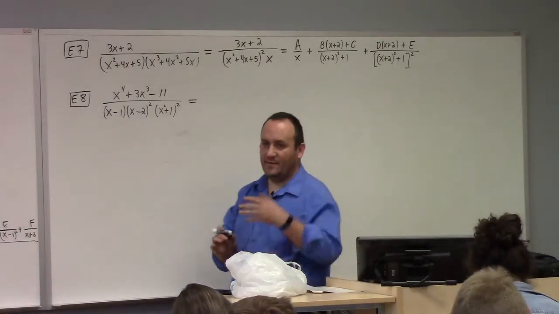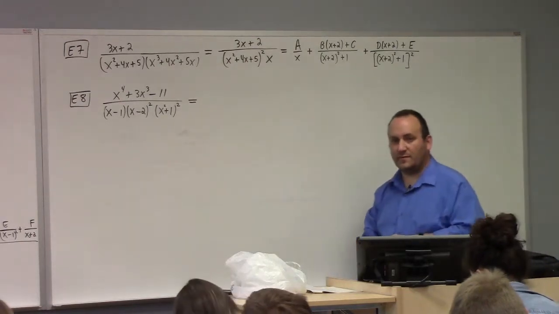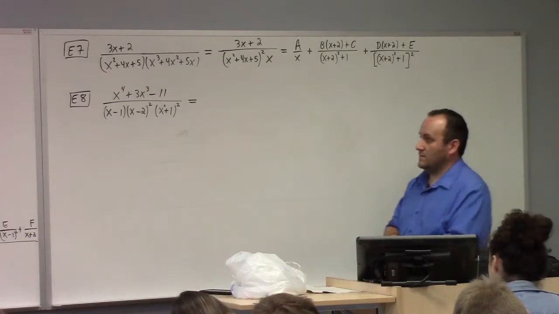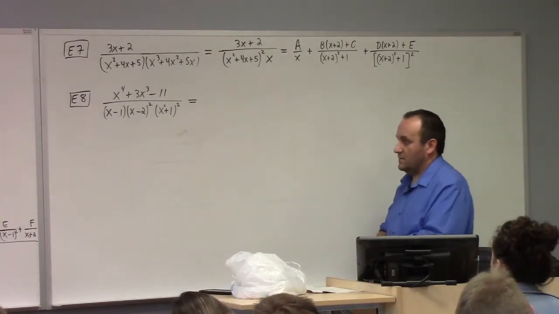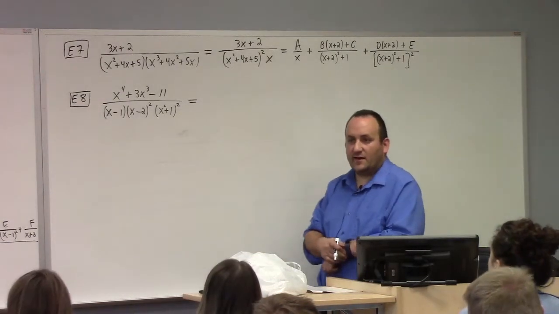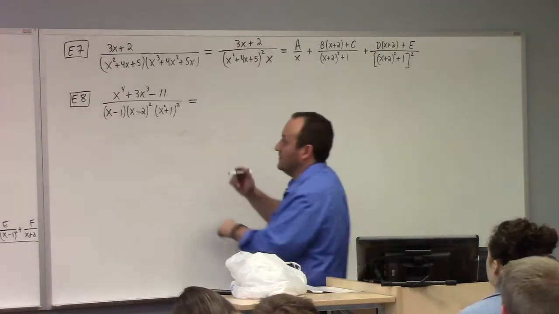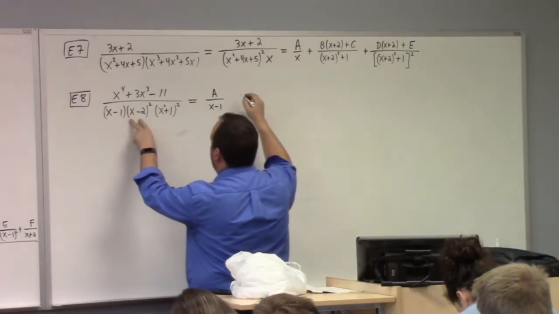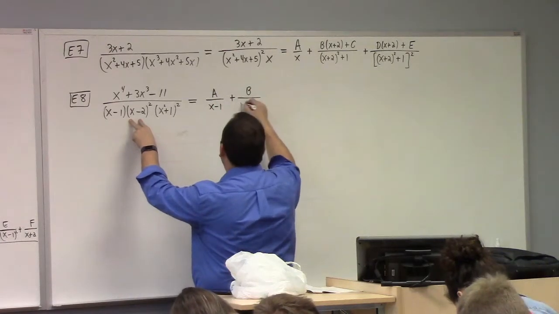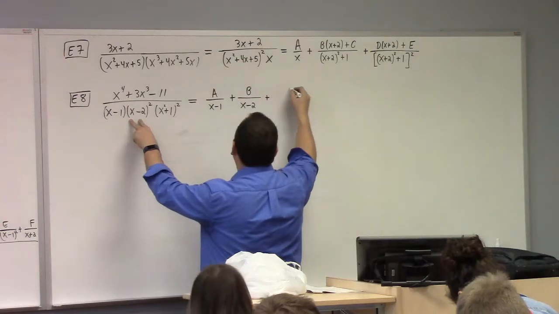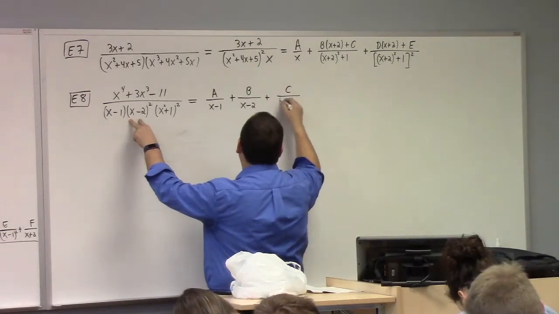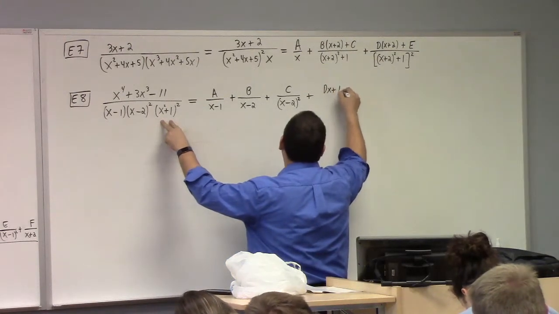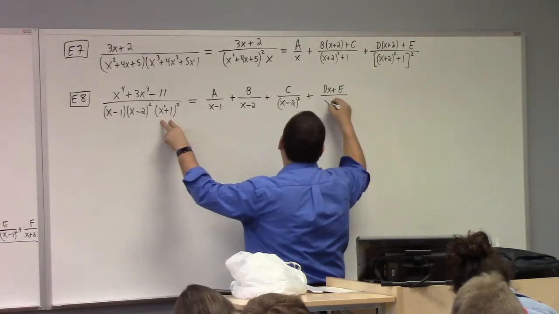I'll stop. This will be my last quick setup, and then we'll go back to one with numbers. So here I have, this one's nicer, right? There's no factoring. I already factored it for you. So this is A over x minus 1 plus B over x minus 2 plus C over x minus 2 squared plus Dx plus E over x squared plus 1.